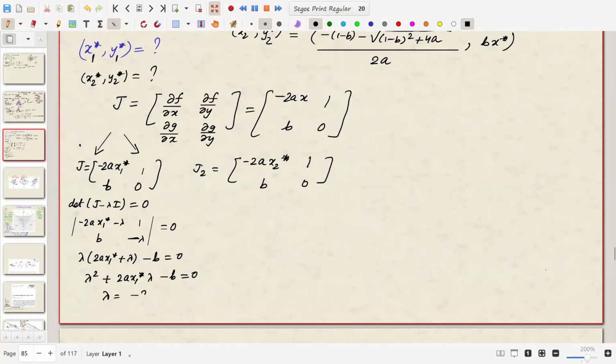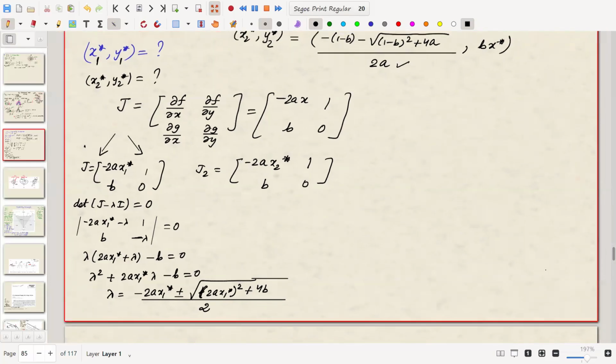Lambda equals minus 2a x1 star plus minus the square root of (2a x1 star) square plus 4b, divided by 2. I'm not squaring the 2a, because I don't want to make it more complicated. So what are you getting?